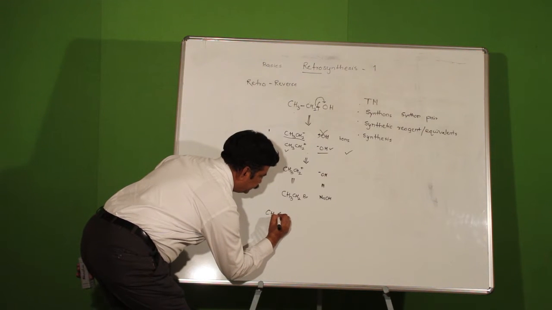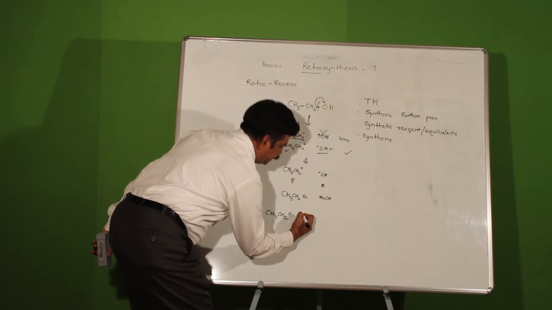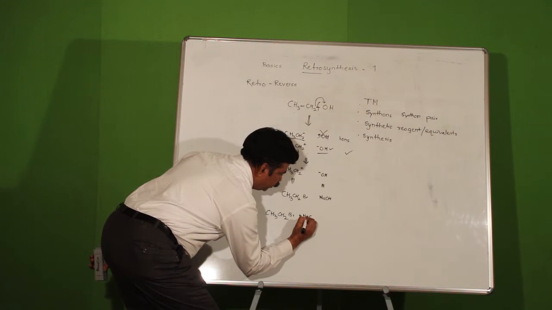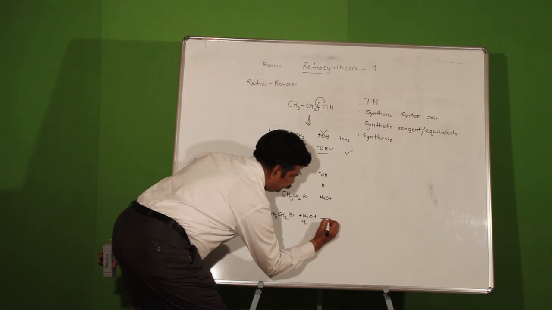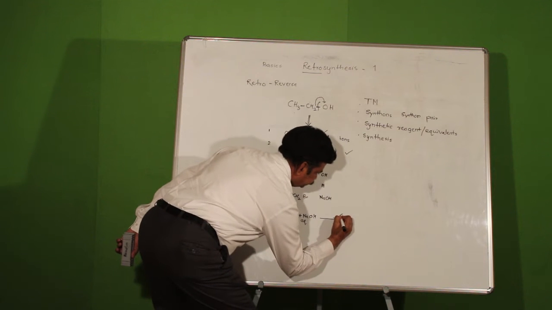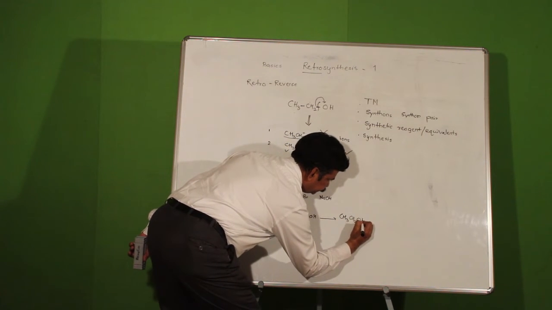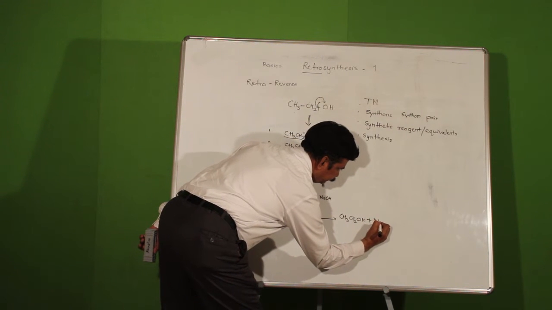CH3CH2Br, that is ethyl bromide, on hydrolysis with NaOH, aqueous medium will give CH3CH2OH and NaBr.